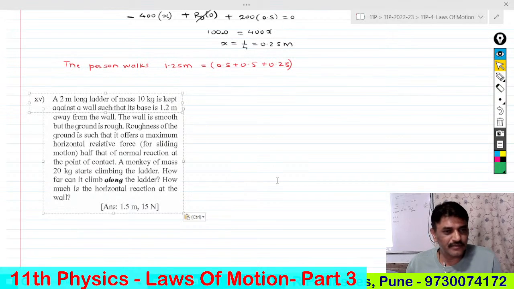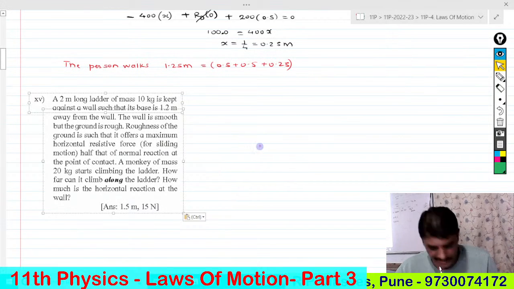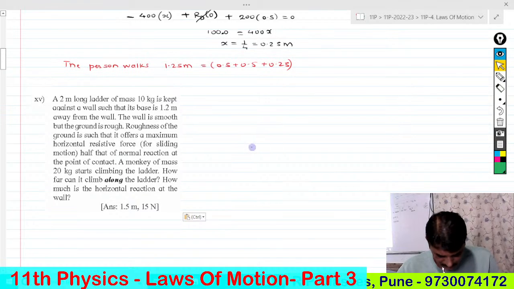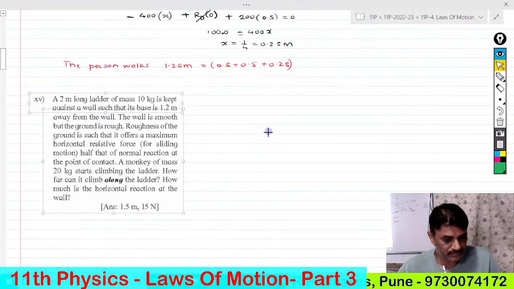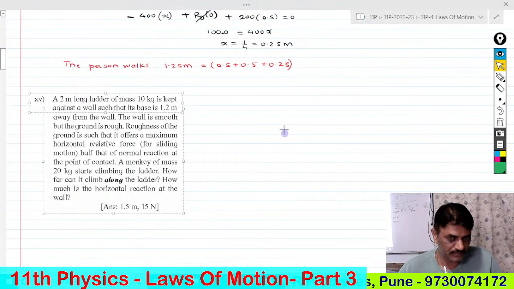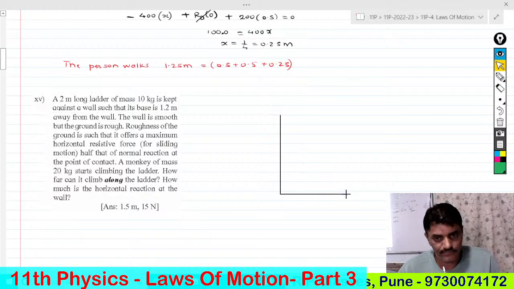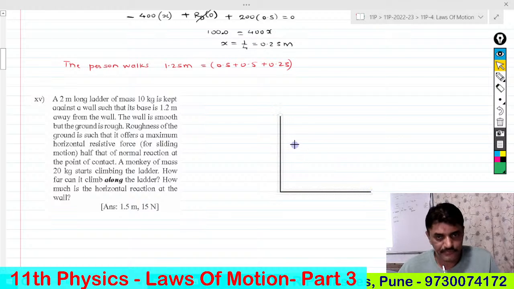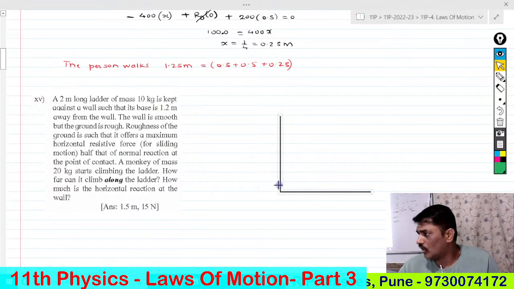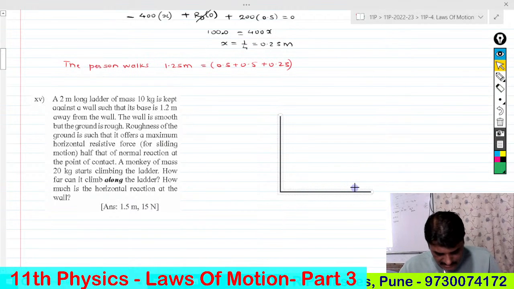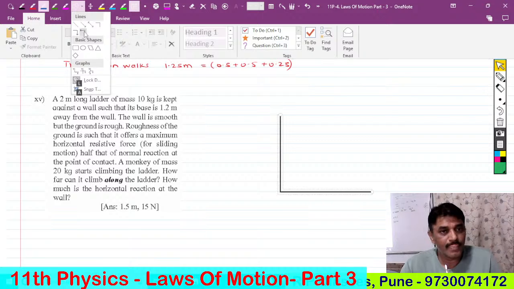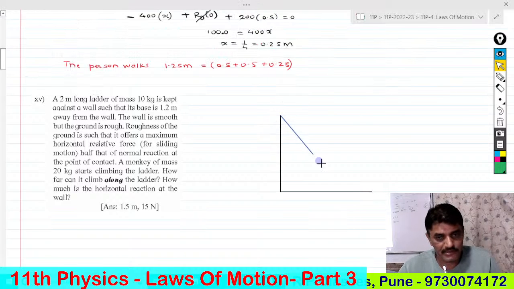So let me just check here. A 2 meter long ladder. Okay, this is the wall and this is the floor, and there is the ladder. This is the ladder.